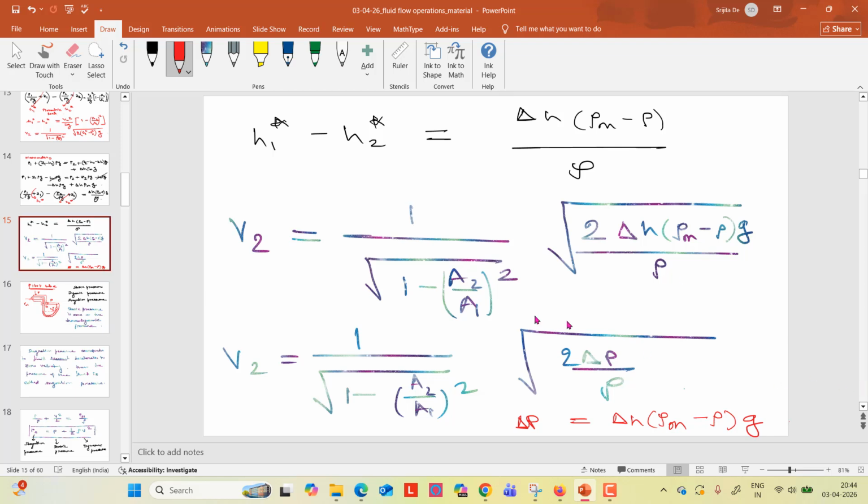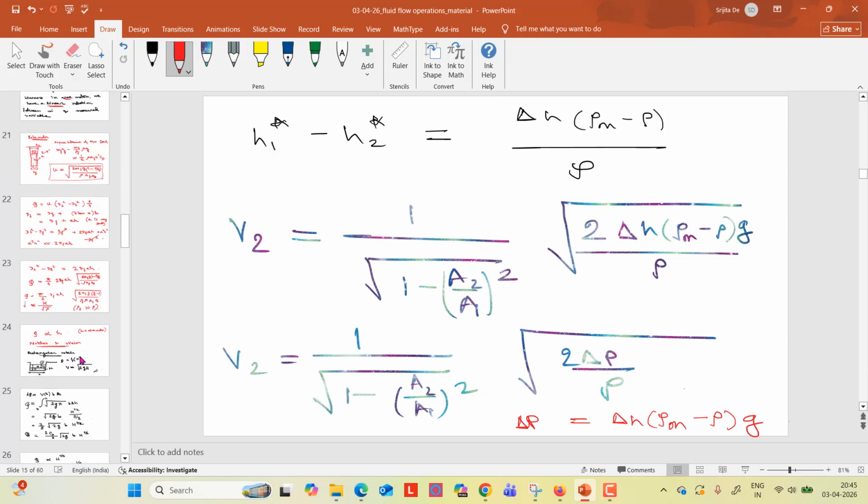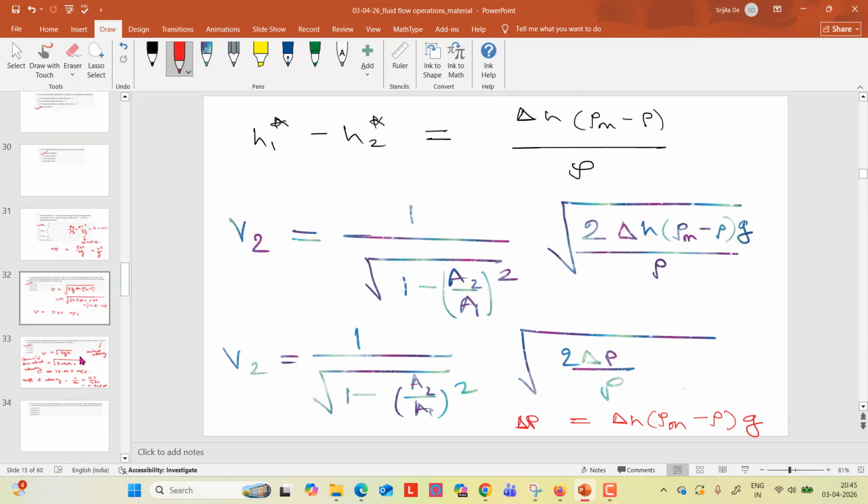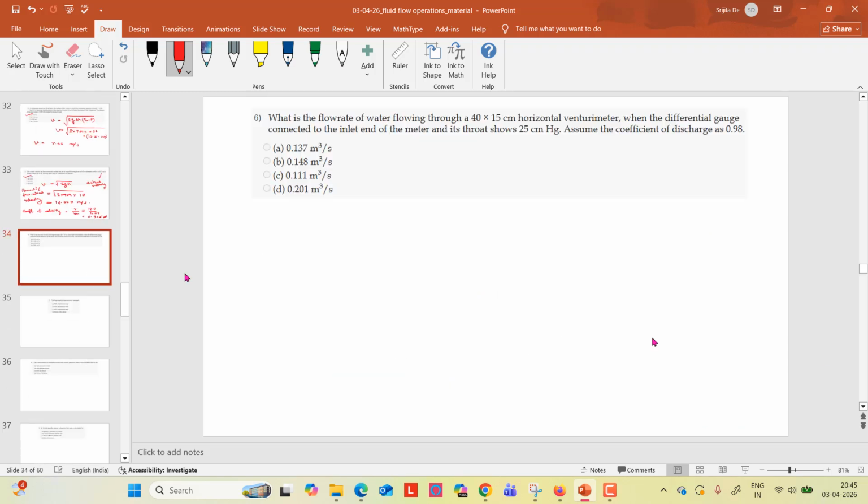Yes, this is the equation of velocity, right? So first we need to calculate the head. The area is given, the density is given, and CD, the coefficient of discharge, we assume is 0.98.